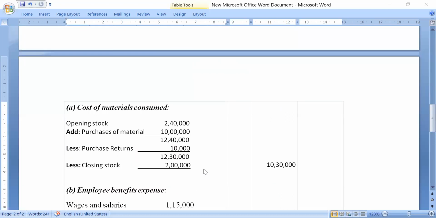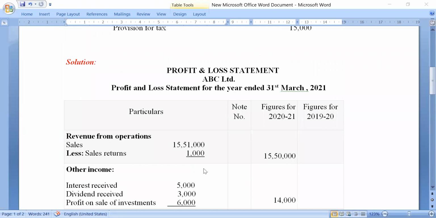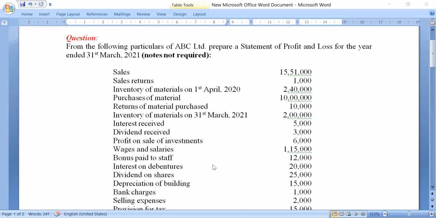Those headings you have to remember, because we cannot prepare on our own wish. We have to put whatever items belong to whichever heading. Accordingly, we are going to place the items and write the amount in the outer columns. So let us proceed with the question.